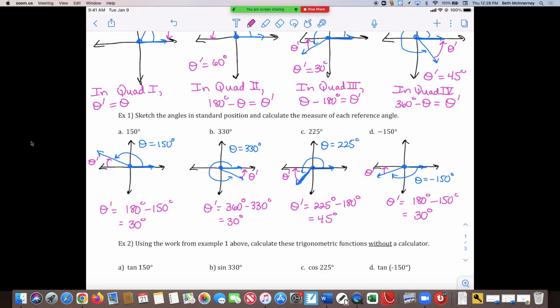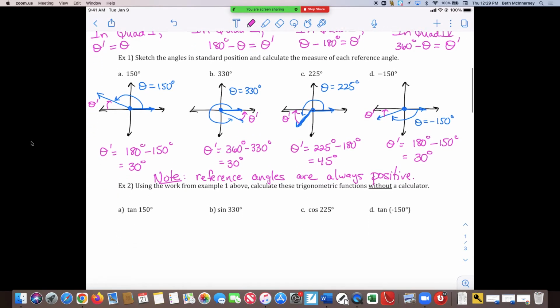The reference angle is positive. So I want you to write a little note here. Reference angles are always positive, and they're a number between 0 and 90.